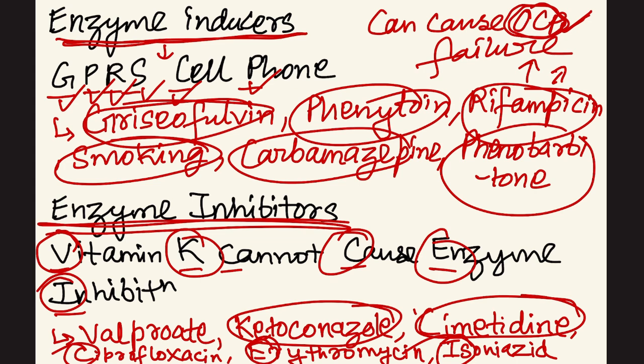This rifampicin will induce the enzyme and this will lead to faster metabolism of OCP. As a result, where we were expecting the contraceptive effect of the OCP, it will not be seen because it is being metabolized very fast because of the enzyme induction by rifampicin. So this is one example where an enzyme inducer leads to drug failure, that is OCP failure.